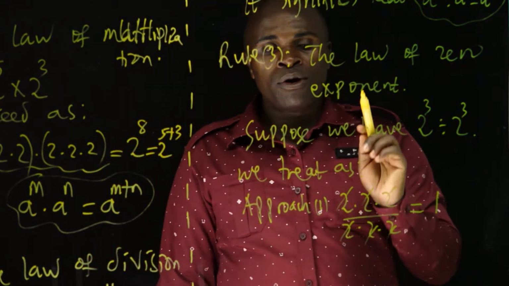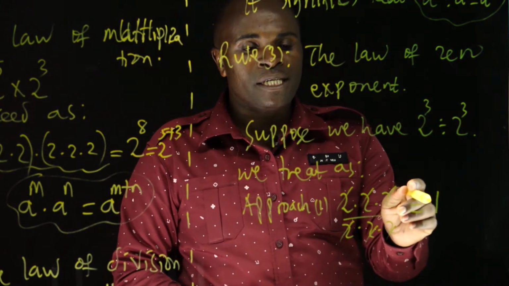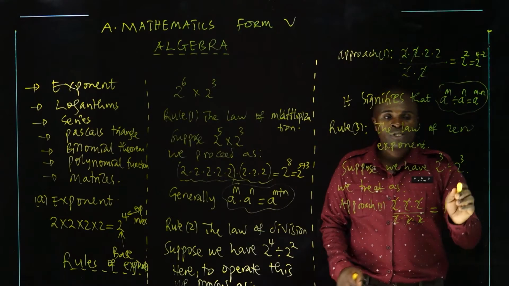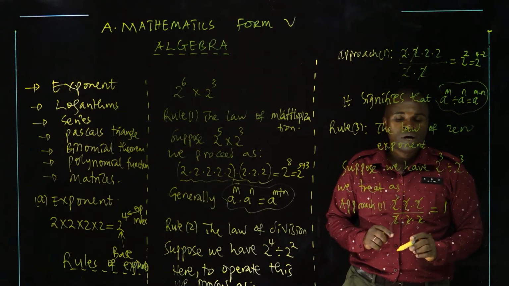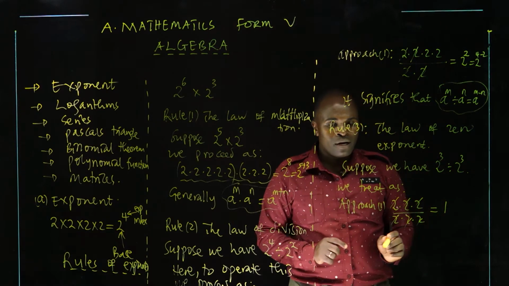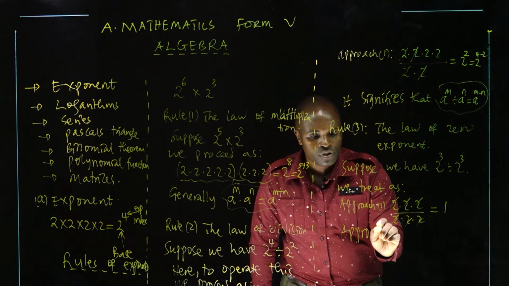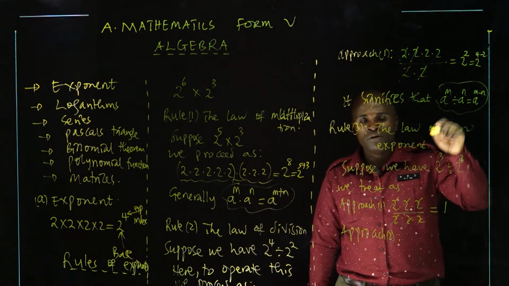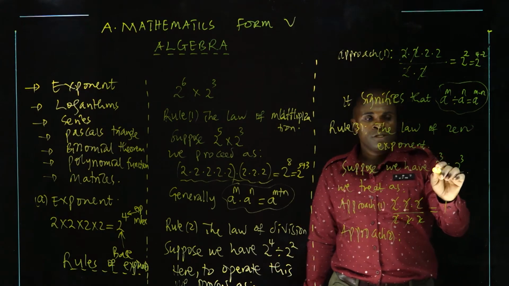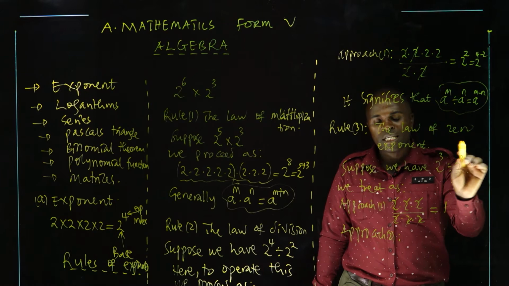A student or a person learning mathematics will accept that this result is mathematically true because the cancellation has taken place. But there is another one who could apply another technique. We can call it approach 2. Approach 2, one could be using rule number 2, dividing numbers in which the base is the same but the exponent is different.